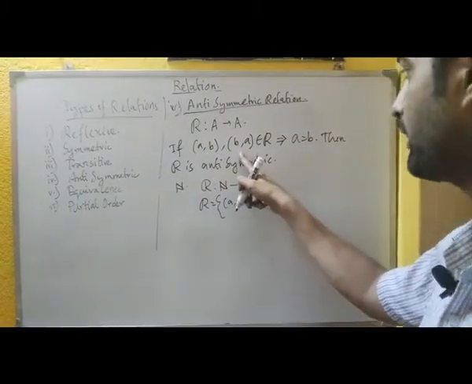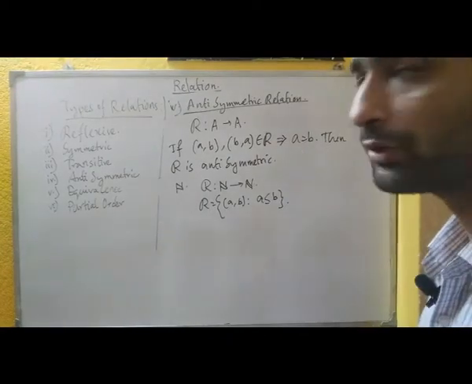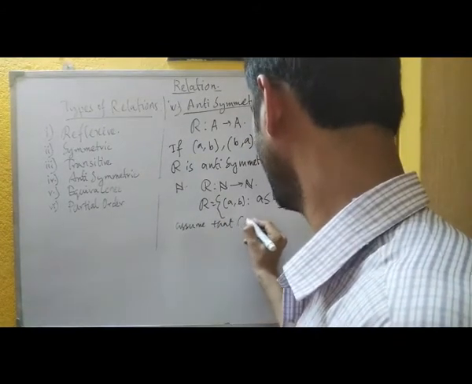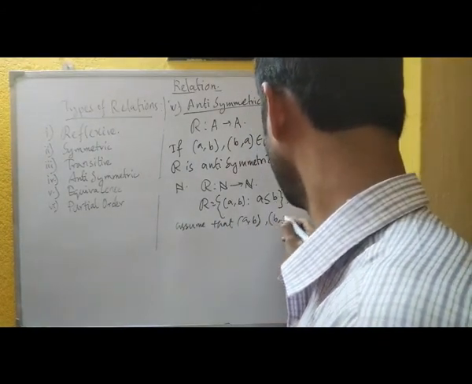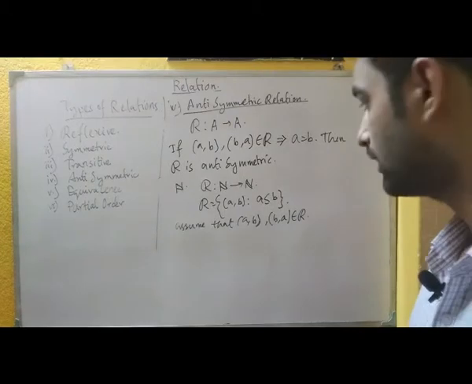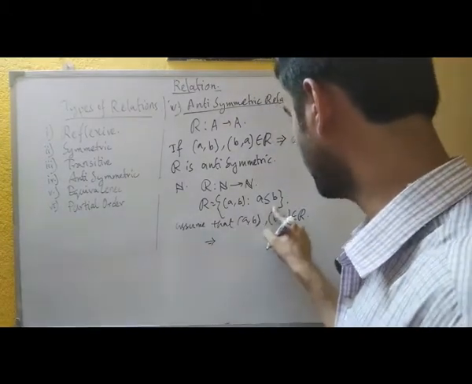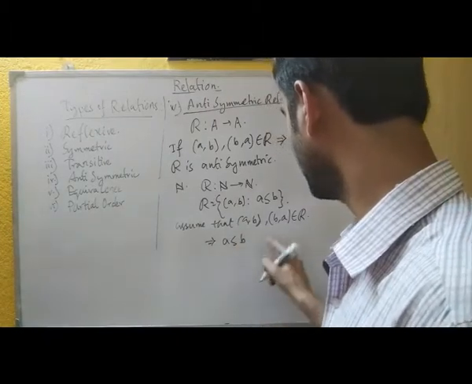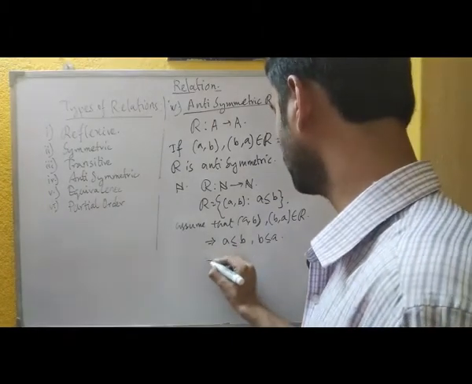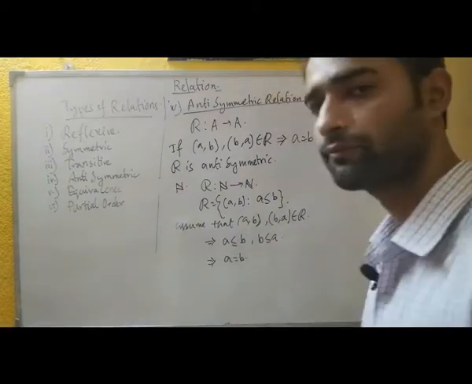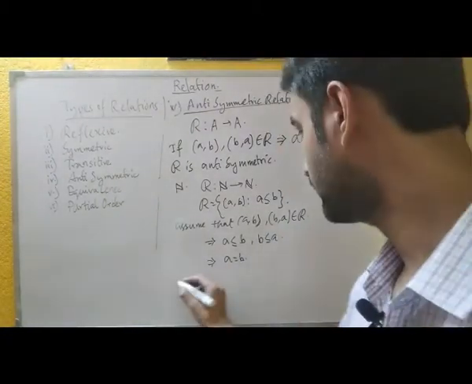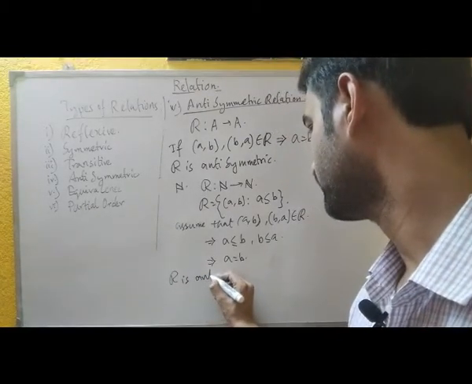It says that if (A, B) and (B, A) are belonging to the relation, then we have to show that A is equal to B. So let us assume that (A, B) and (B, A) are together belonging to the relation R. Then by the building criteria, A is less than or equal to B, and for (B, A), B is less than or equal to A. Combining these two, we get A equals B. So this becomes antisymmetric. Here we can say that R is antisymmetric.